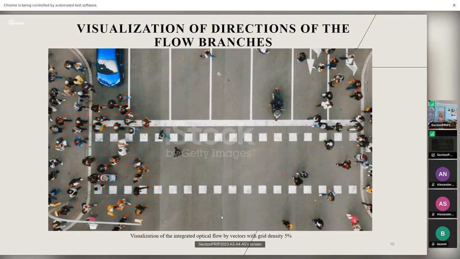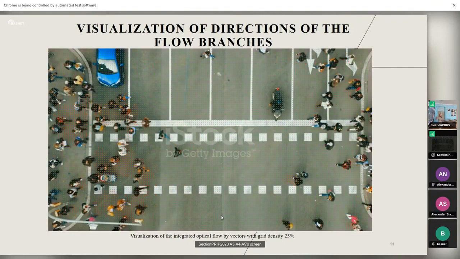Small density leads to great accuracy of the movement vectors, but it causes loss of pixels and, as a result, a loss of subgroups. It's difficult to define subgroups.